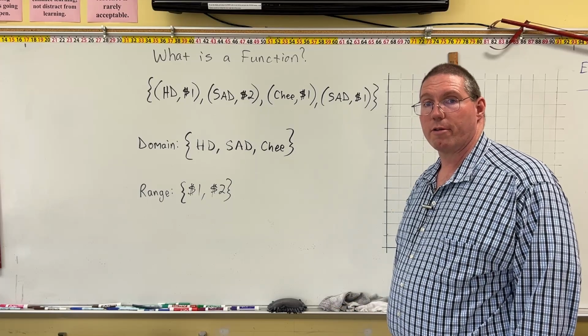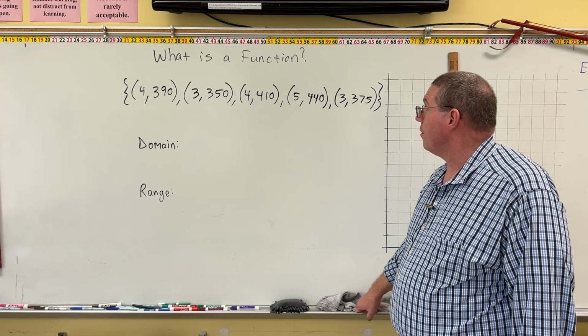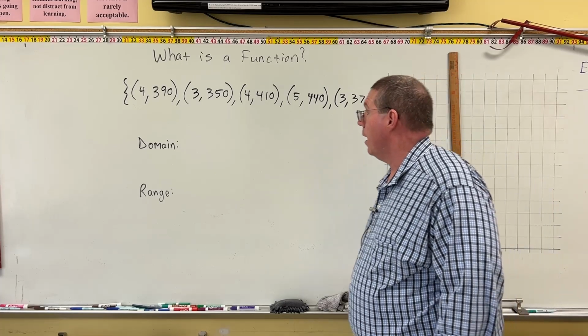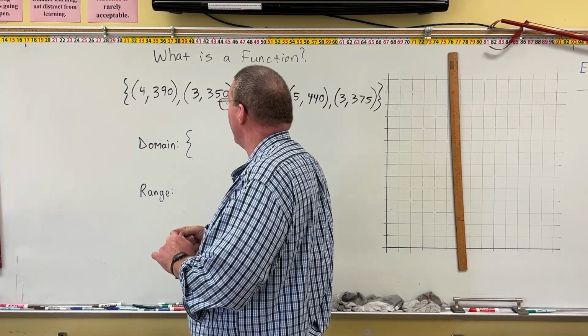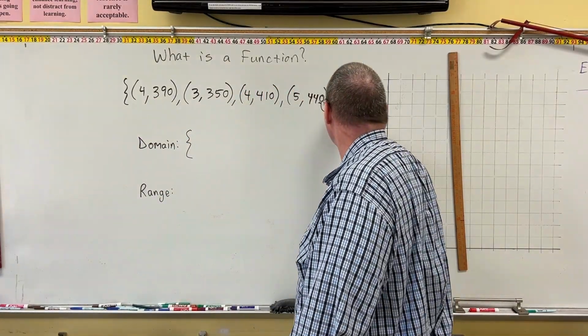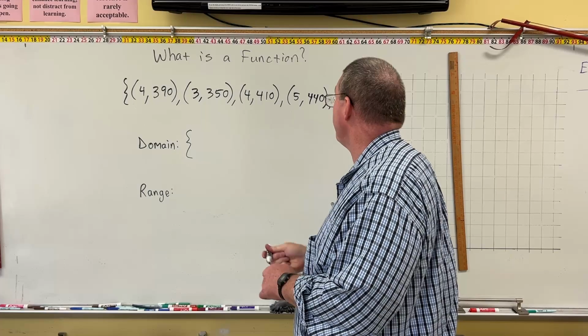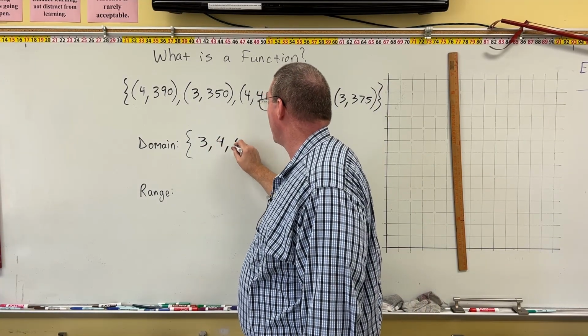All right, let's do that third example. For the 5 houses that are for sale, these are the 5 pairs, okay? And the domain is the collection of all inputs. We have 2 houses that have 4 bedrooms, 2 houses that have 3 bedrooms, and 1 house that has 5 bedrooms. And so we're going to put 3, 4, 5.